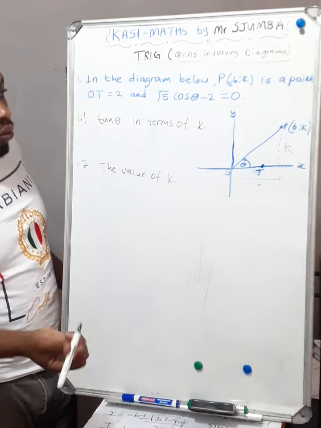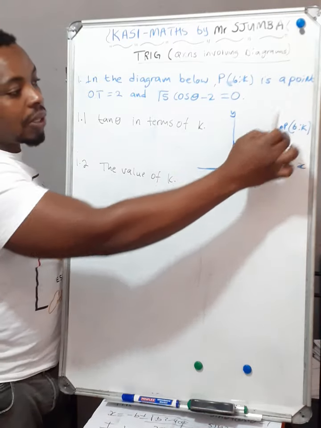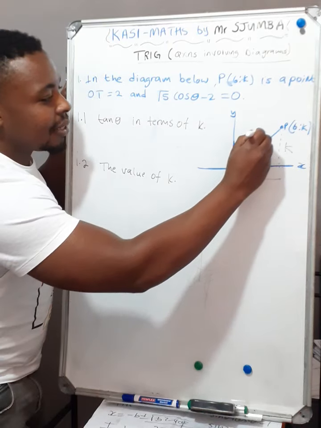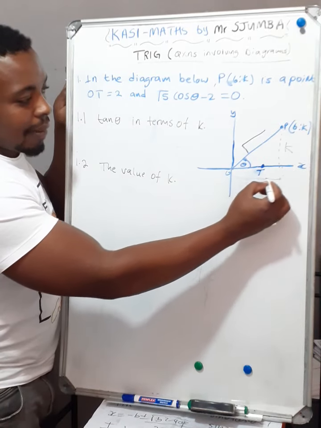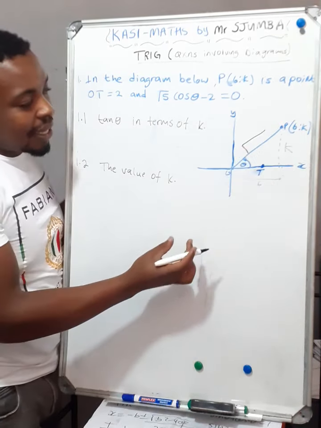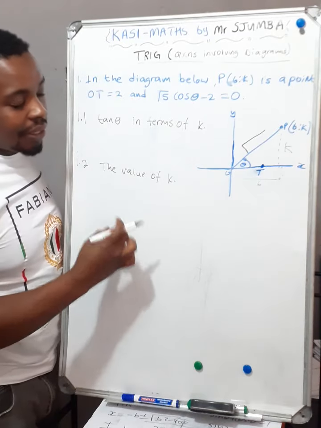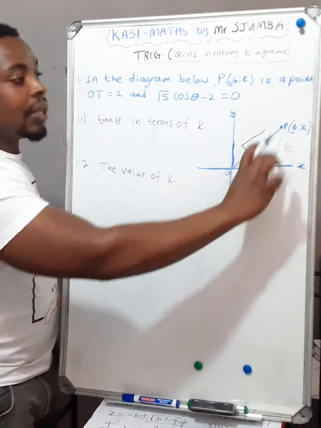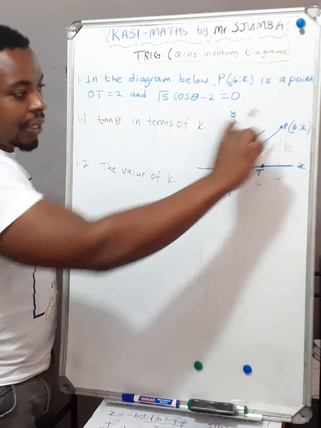The diagram shows a right-angled triangle, so Pythagoras theorem. We know that the longest side is equal to the shortest side squared plus the shortest side squared.